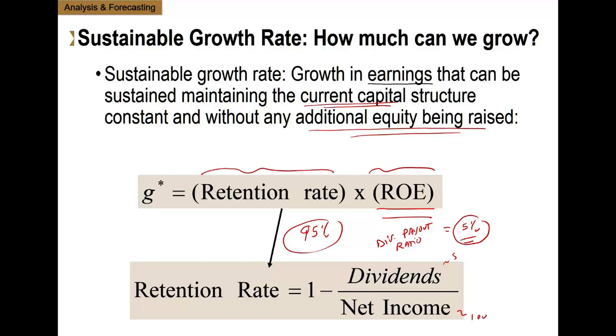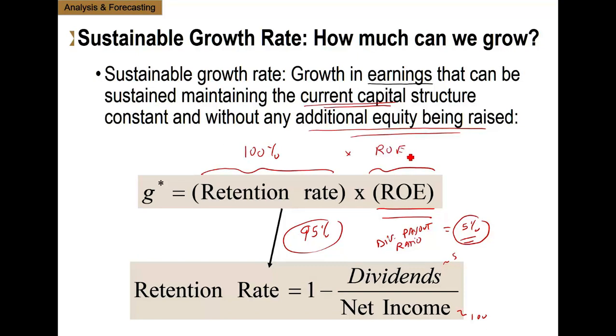So let's say you have a 100% retention rate. Suppose, to make it easy, you reinvest all your retained earnings in your company. This is very typical of younger companies. If you have a 100% retention rate, then G star will be a function of what? Of your ROE.